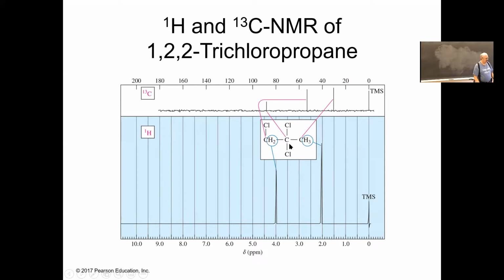And we have 3 carbons, so 3 different signals. The one with no hydrogens is the smallest peak here, and it's also most downfield because there's 2 chlorines attached. We also use TMS as a reference for carbon-13.